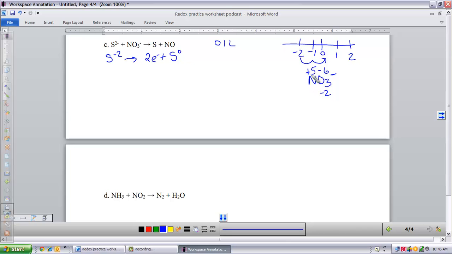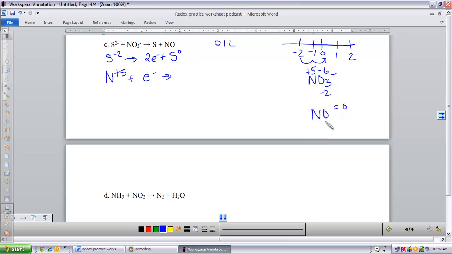So that means our nitrogen must be +5, because there's 1 left over. So we're going to go from a nitrogen +5 on this side, and it's going to gain electrons. The reason I know that is because in order for sulfur to lose electrons, someone else must be gaining them.